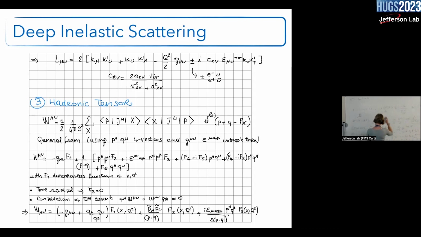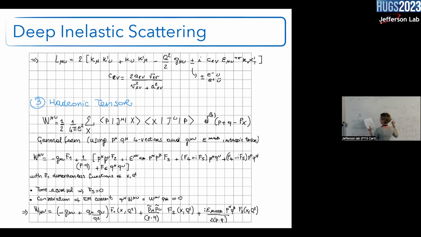Then what are the other possible structures? Okay, we have P mu P nu, because we like it, divided by P dot Q. Again, it's a convention, it's a coefficient. You can do whatever you want, but it's a profound thing. And then you have F2, so another coefficient.